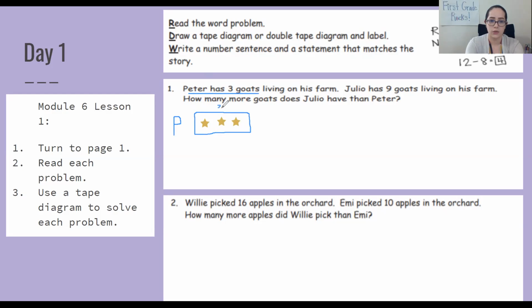And so he has 3. Next sentence says Julio has 9 goats living on his farm. So I'm going to label this one J for Julio, and he has 9 goats. And because this is a comparison problem, I want to line these up as best I can. So 1, 2, 3, 4, 5, 6, 7, 8, 9.